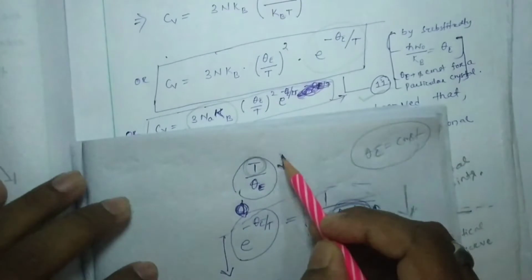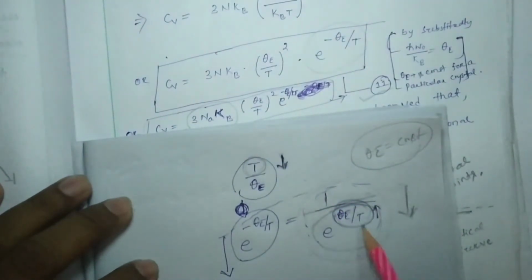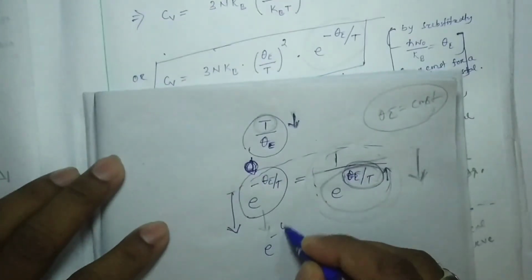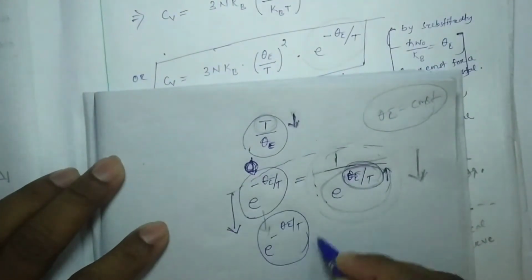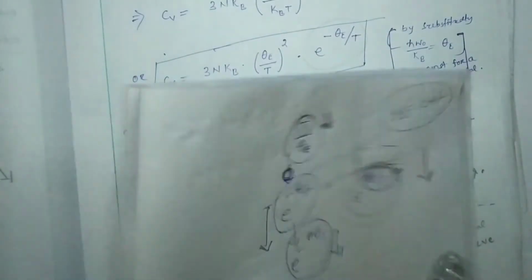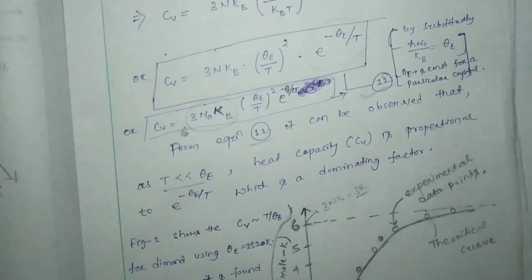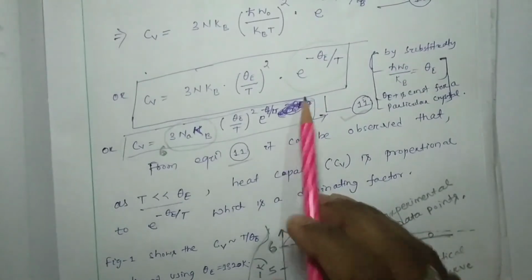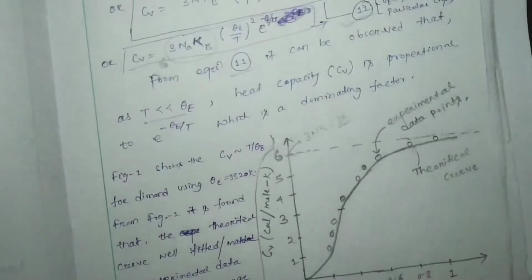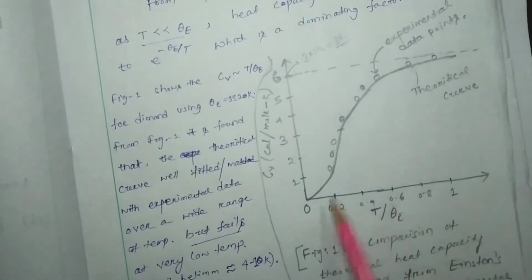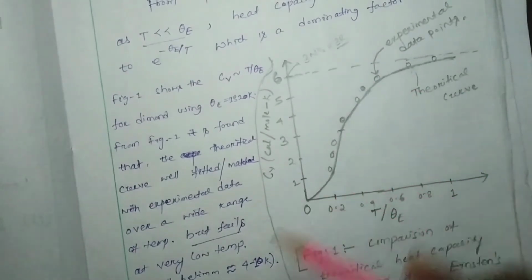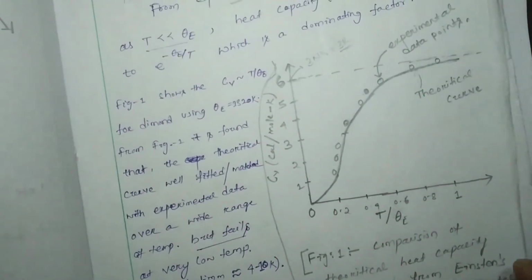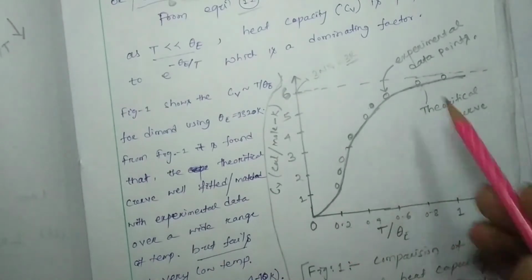So e to the power minus theta e by T is going to decrease. In this way, with the help of this expression, Einstein suggests that with decrease of temperature the specific heat decreases, but exponentially.